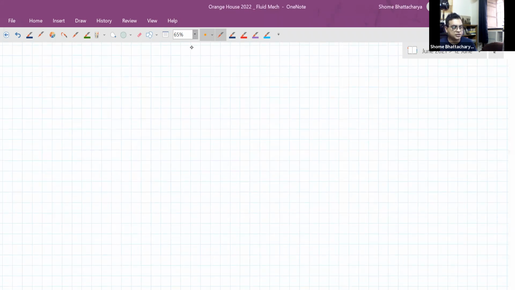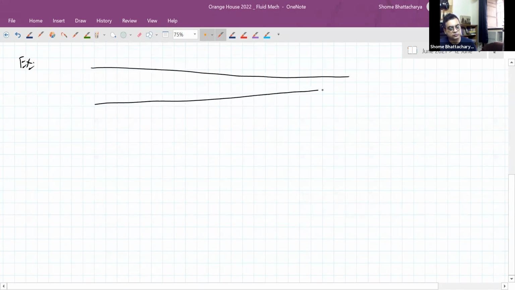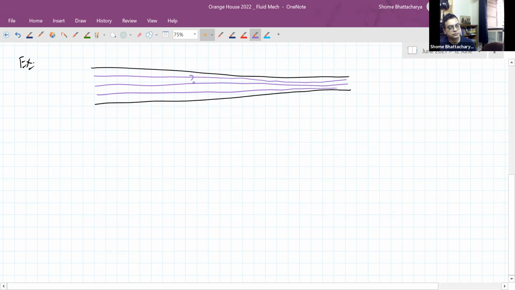So let's understand the application. For example, we have a situation like this: a horizontal pipe whose cross-sectional area is tapering.